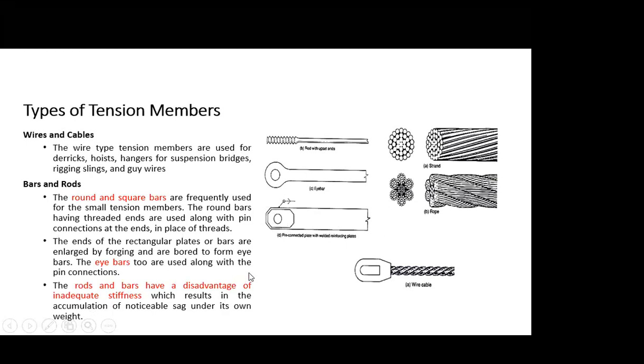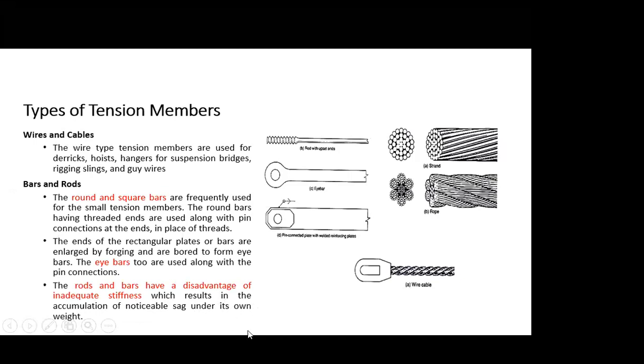Rods and bars have some disadvantages. They have inadequate stiffness. Once you tie the material with the rods and bars, over a prolonged time it gets loosened, meaning it won't have adequate stiffness, which results in accumulation of noticeable sag under its own weight.